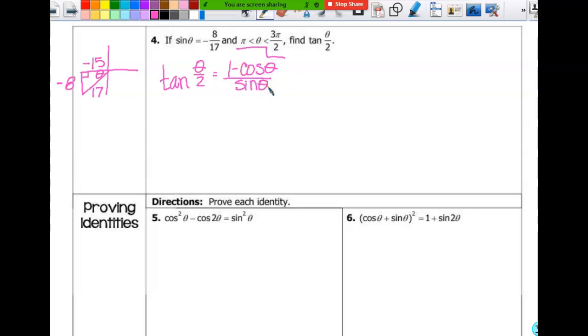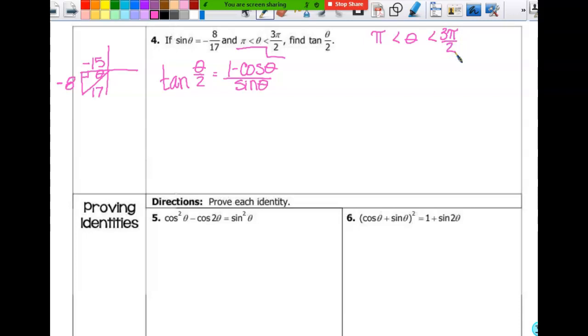Now, if I did use the first one that has the plus or minus, I would have to be able to figure out what quadrant I'm in to know if the answer is supposed to be positive or negative. So here's how you do it on this one. If I have pi less than theta is less than 3 pi halves, so this is what they told us. They told us that theta is between pi and 3 pi halves.